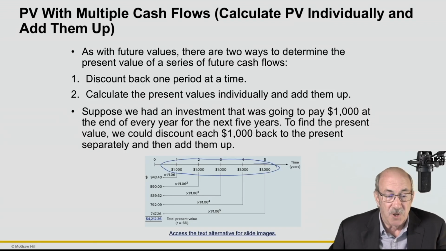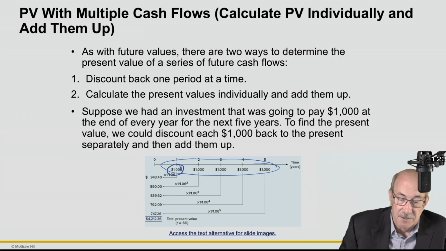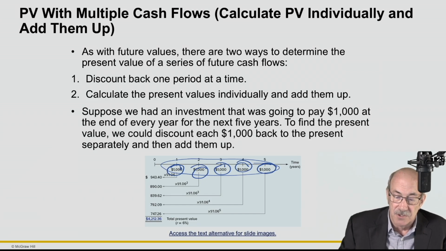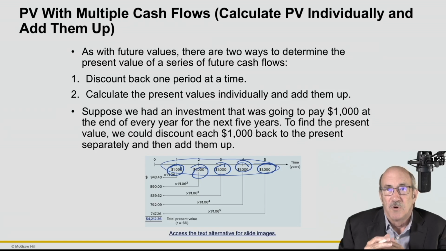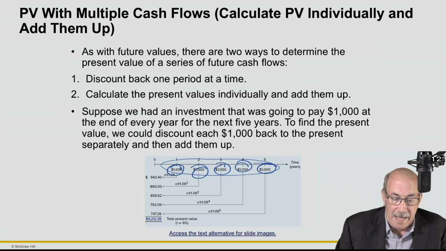All right, so here we are looking at present value for multiple cash flows. And in this case, we have 5 different cash flows of $1,000 each. So again, this is very much like an annuity. In fact, it is an annuity. And here, one method to do this is to simply deal with each cash flow individually, move it all the way back to time 0, and then add up the amounts.